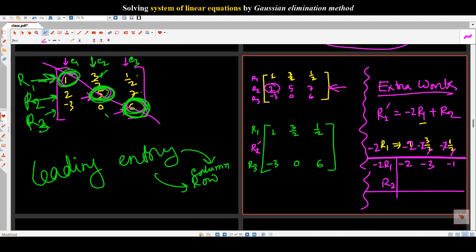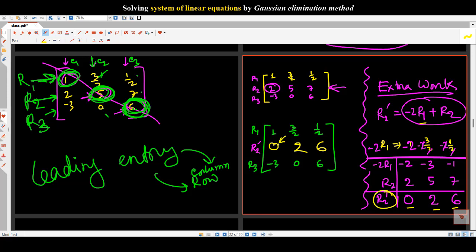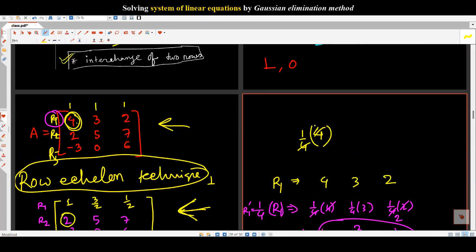In R2 we have the entries 2, 5, 7. The formula says that -2R1 and R2 should be added. So let's add. You will get R2 prime. -2 and 2, 0. -3 plus 5, 2. -1 plus 7, that is 6. So new R2 will be 0, 2, 6. Have a look, we have found 0. So this time 0 has been found.